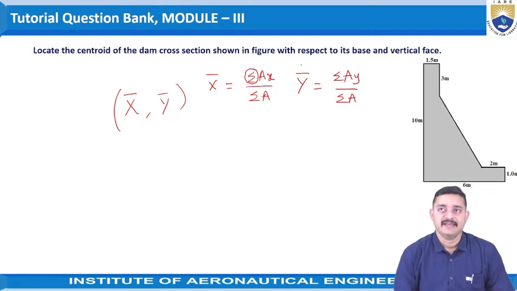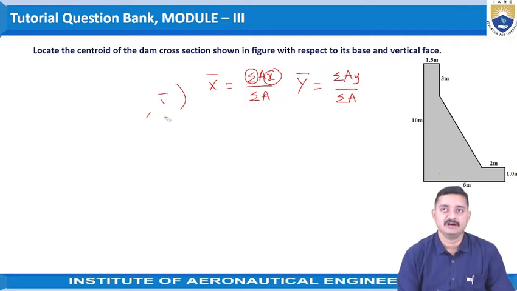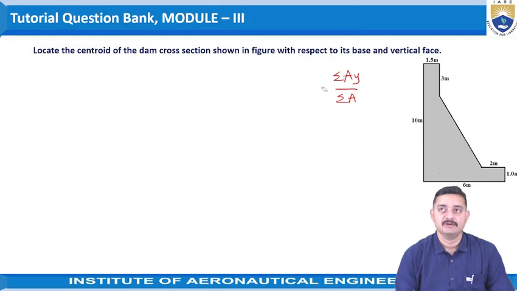And coming to x, this is also the distance of the centroid of that particular part, the x coordinate distance from the reference datum for that particular point. So in this way we are going to solve the problem. So now after learning the basics, let us first solve the given problem.